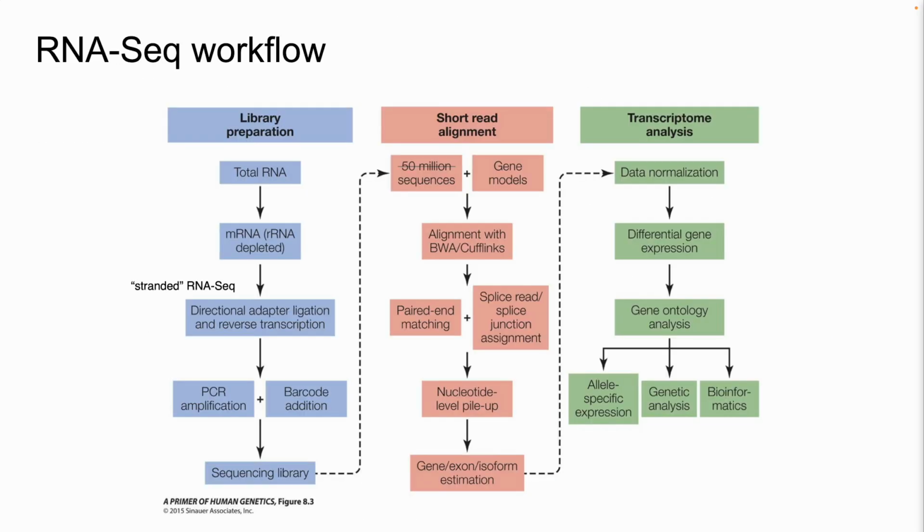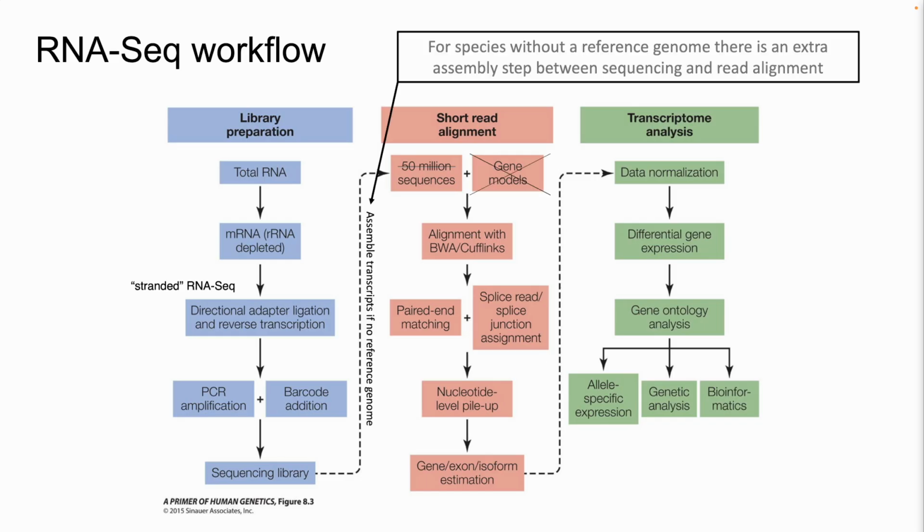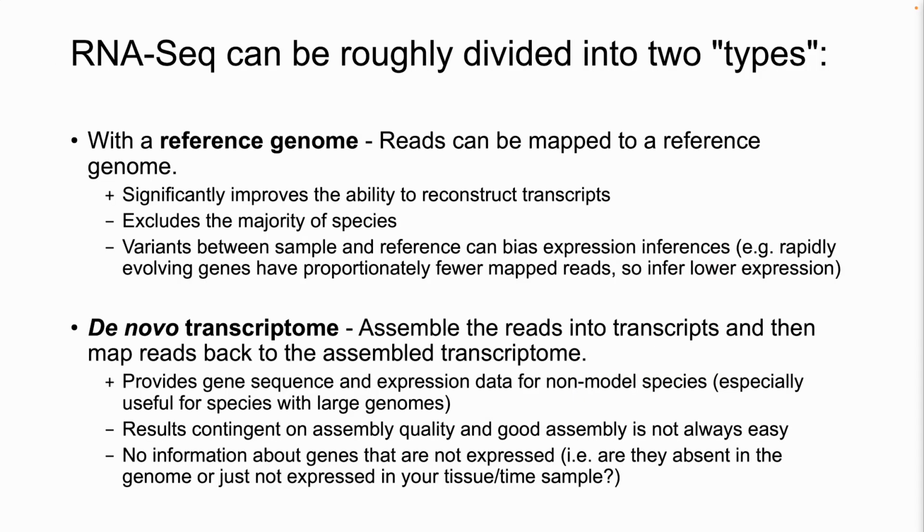So that gets us to the end of library prep. Now you get to what are you going to do with your sequencing? You can basically divide RNA-Seq's mapping step into two types. You can map to the reference genome, which is what we did for genome-wide association study, okay?